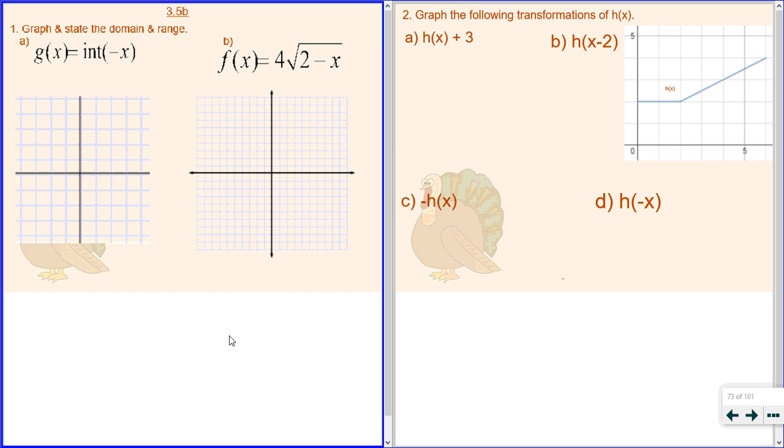Josh? Yeah, so this is going to be a y-axis reflection indicated by the negative x. So we're going to do a y-axis reflection of our INT function.